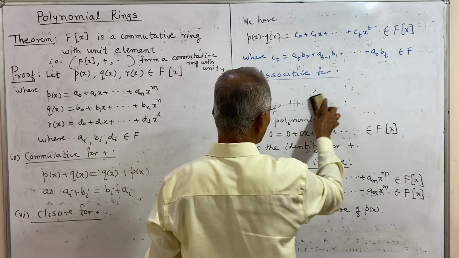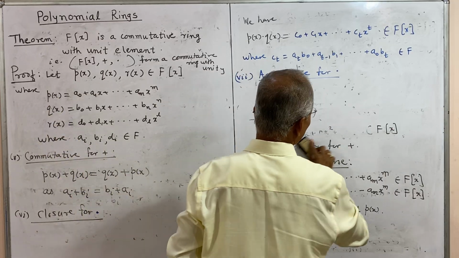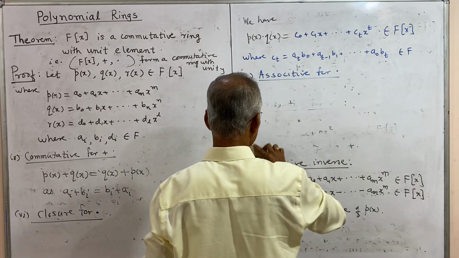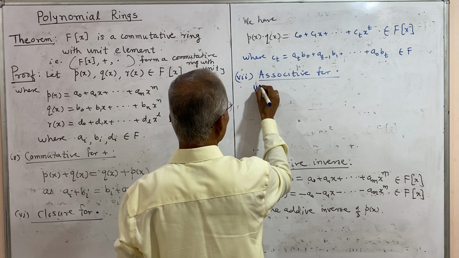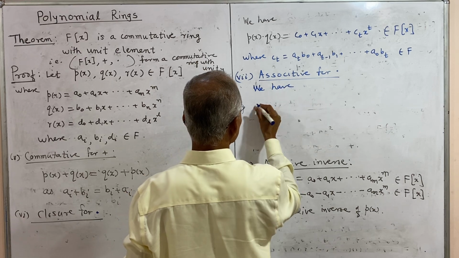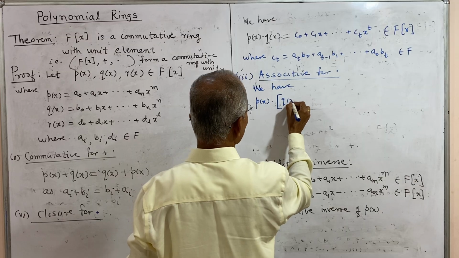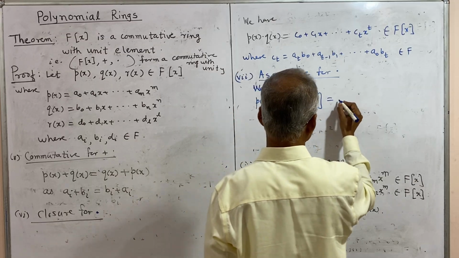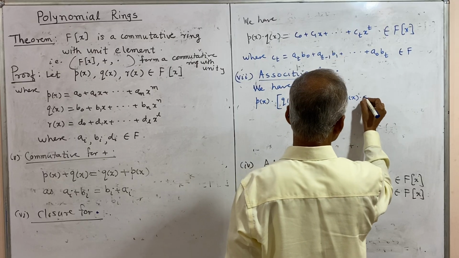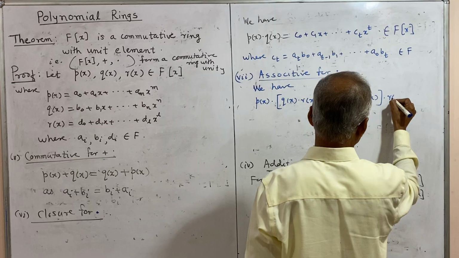We write their product as p of x into q of x into r of x is the same as p of x into q of x, and then it is multiplied by r of x.